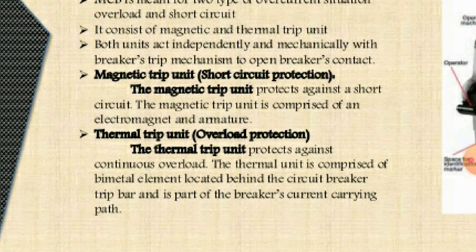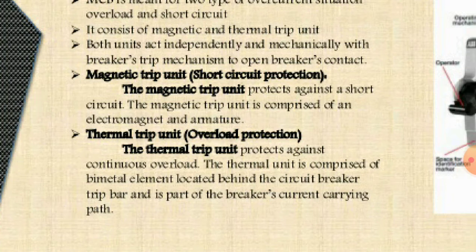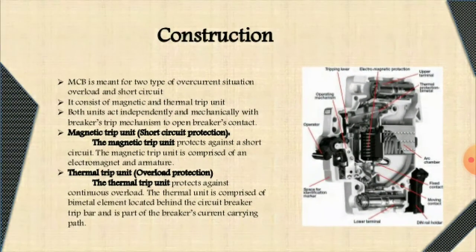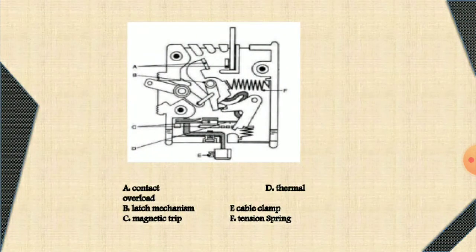Next, if a continuous overload is occurring in the electrical system, this circuit breaker has a thermal trip circuit which will trip the overload condition from the healthy circuit. So in this way it is constructed. Then you can see some internal connections for this MCB.